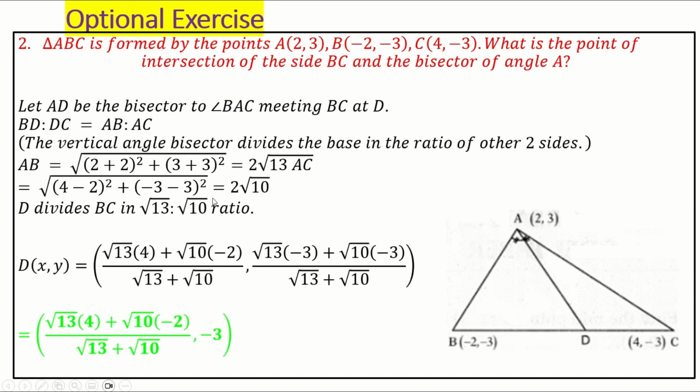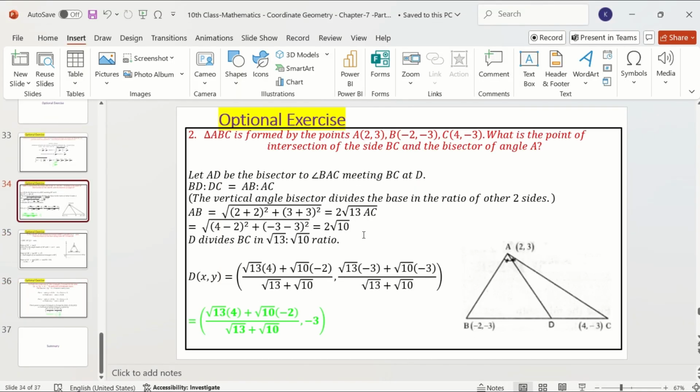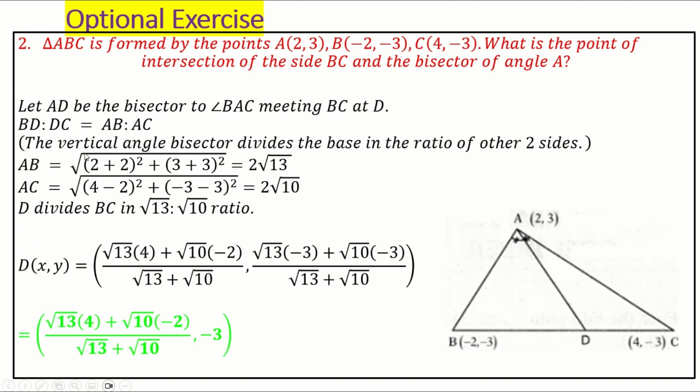AB is 2 square root of 13. AC is 2 square root of 10.